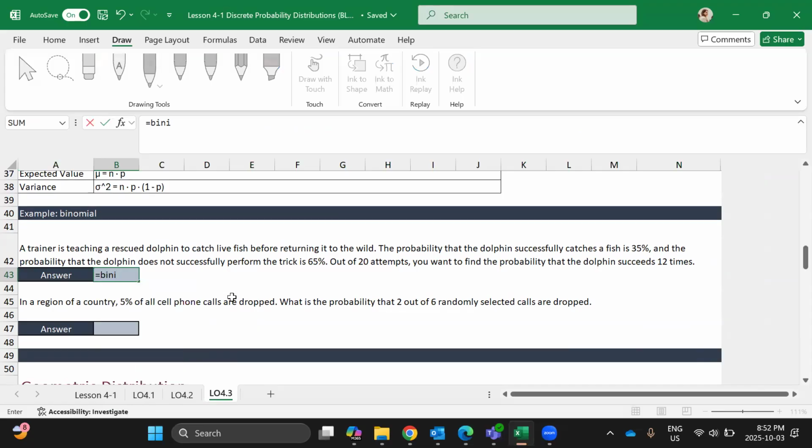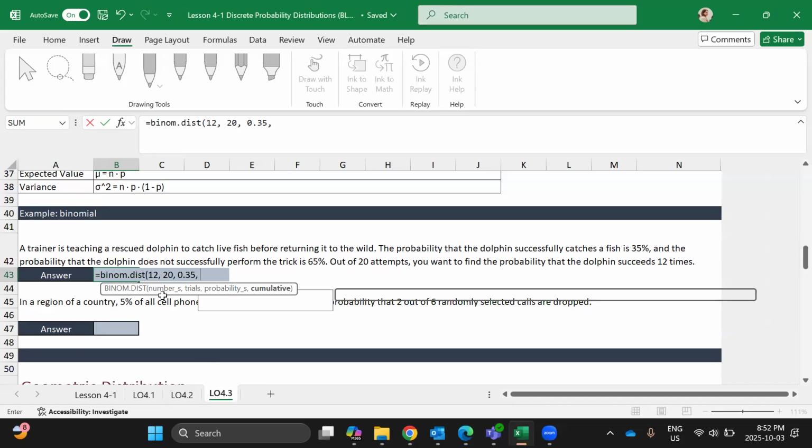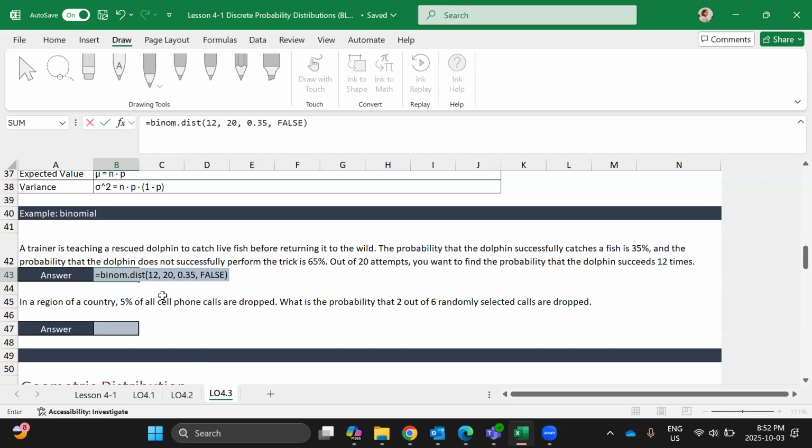You can just do binom.dist with those elements: they succeed 12 times in 20. They have a probability of success of 35%. You enter it as a decimal, and then for the last argument, we always put false, just like for the hypergeometric, we set that to false. And the probability is only about 1.4% that the dolphin would succeed exactly 12 times out of 20.